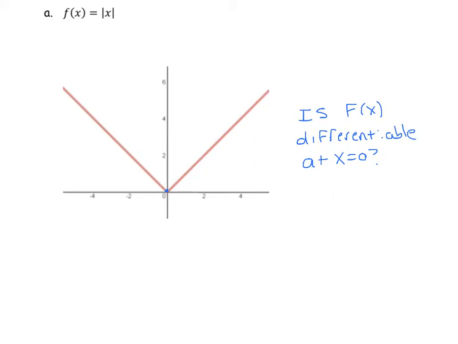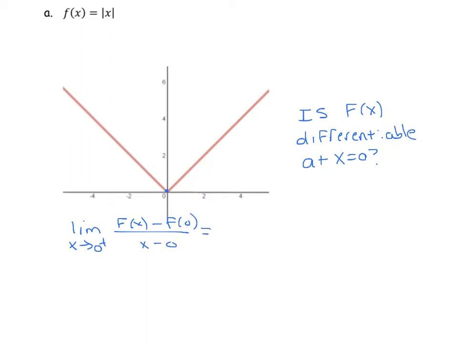To justify that with our definition, we're going to look at the limit as x approaches 0 from the right of f of x minus f of 0 divided by x minus 0.